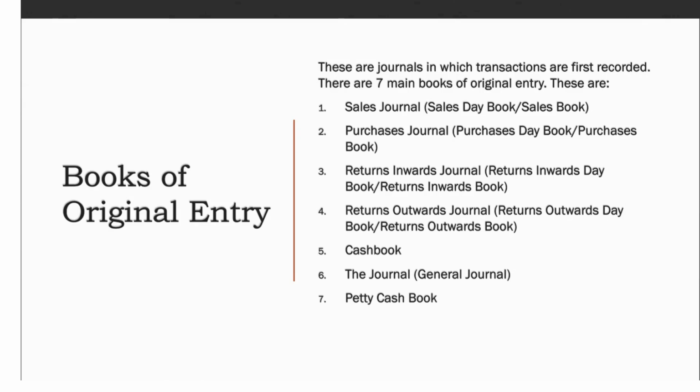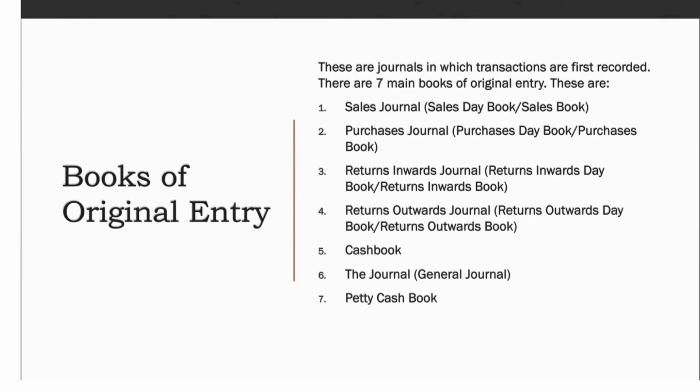Number five, the cash book, and everybody should be used to the cash book. Number six, the journal, which is also known as the general journal. And number seven is the petty cash book. If you look in this playlist, you will see the different videos on each type of journal.